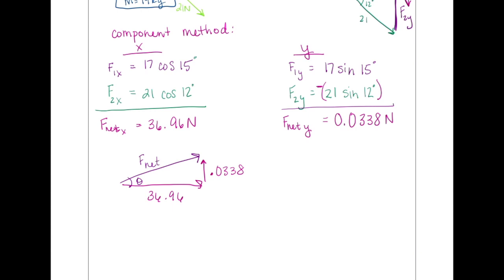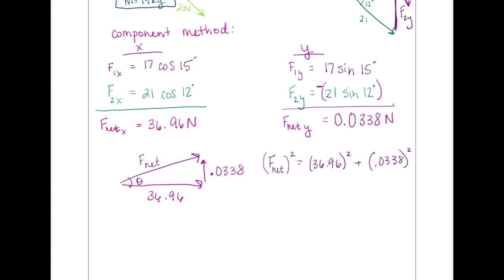Okay, so Pythagorean theorem, we will take the net force squared equals our a squared plus b squared, so 36.96 squared plus 0.0338 squared.